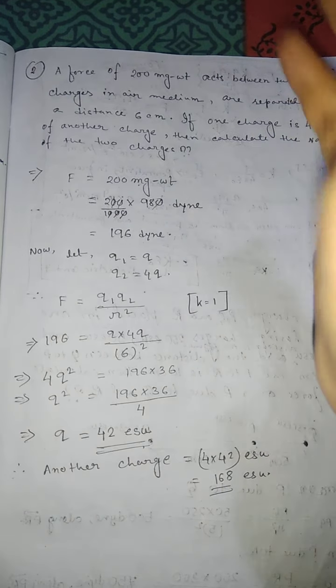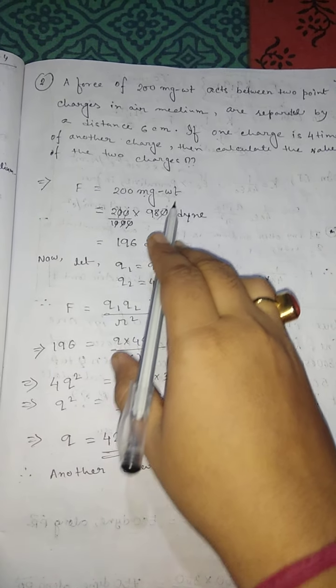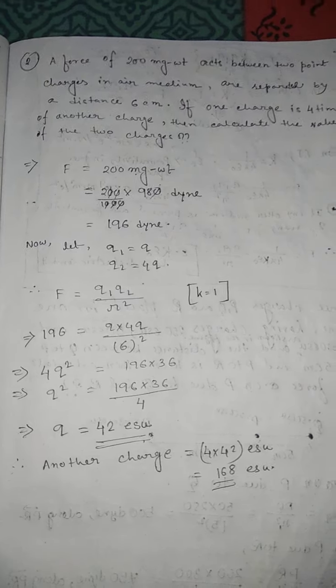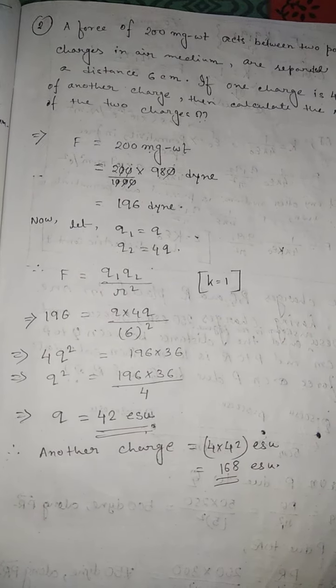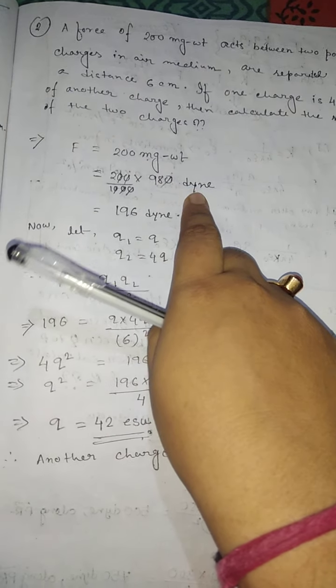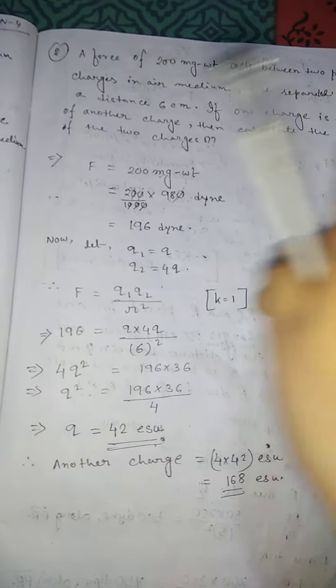We know that milligram to gram is 10 to the power minus 3, divided by 1000. And here, this centimeter is a CGS unit, so we use 980. All these charges are in CGS unit, so the unit of force is dyne, multiplied by 980. So we get 196 dyne.